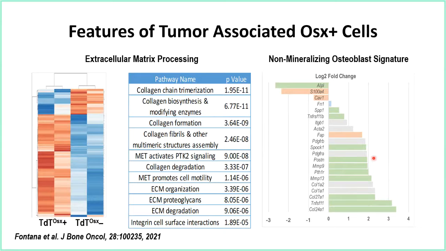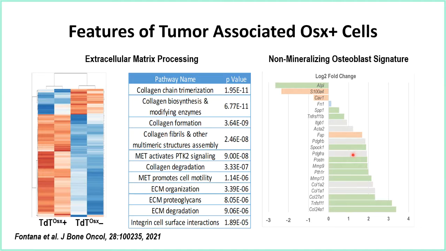Looking at specific markers, we find that these cells, as expected, compared to those that are Osterix negative, do have an osteogenic phenotype. They do express genes, shown here in light green, that would be expected to be present only in osteogenic cells, particularly PTH receptor, RANK ligand, and collagen 24.